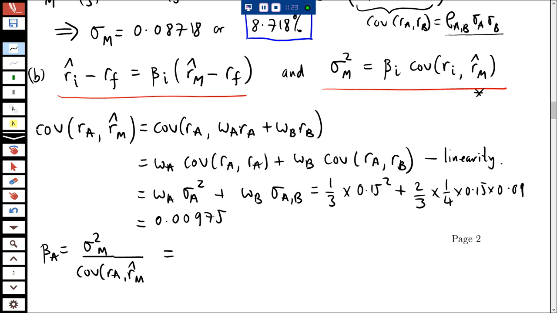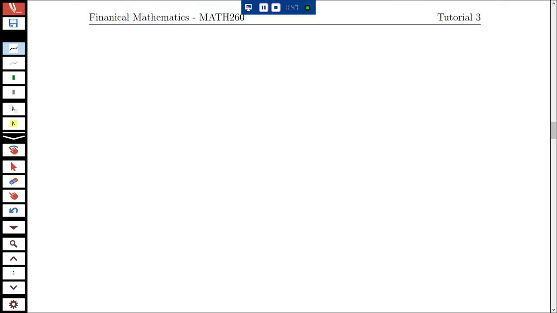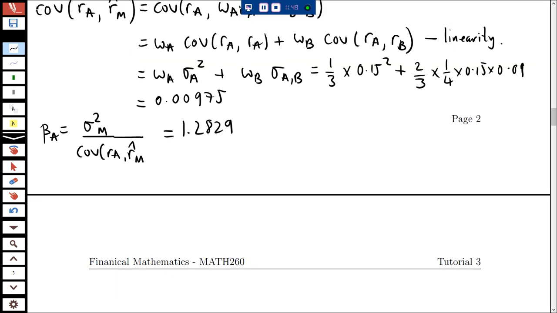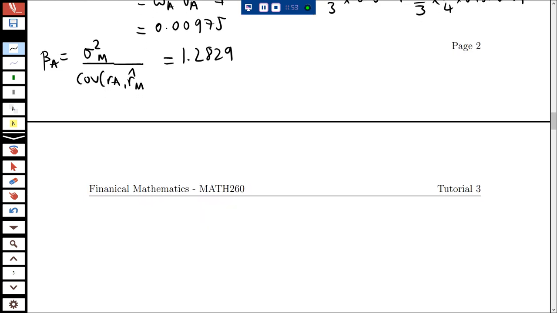I'm not sure if I have this calculation to hand. Let me just check. Yeah, I got it here. This is 1.2829. And similarly, I don't know how much room now. Oh yeah, I've left some room. That's great.